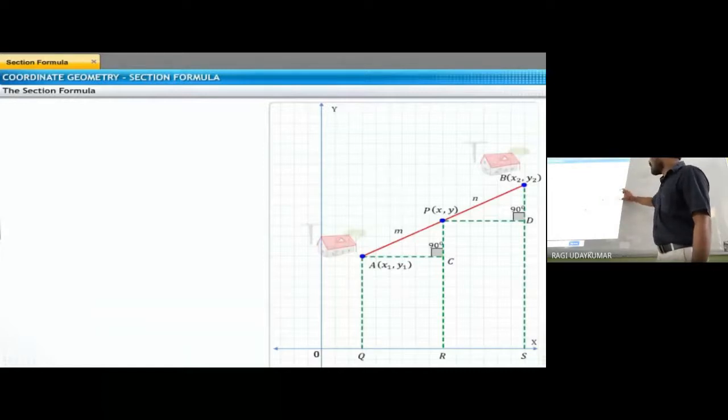And in the same way, can anyone tell me what BD is equal to?